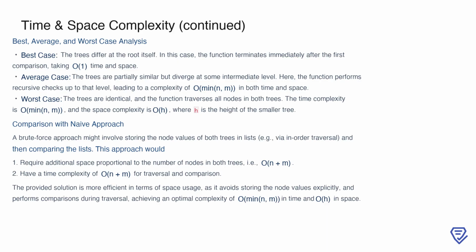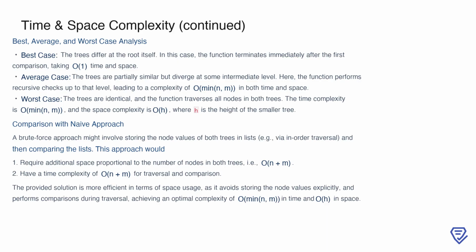To better understand how the function performs under different scenarios, let's consider the best, average, and worst cases. In the best case, the trees differ immediately at the root. The function detects this in constant time, resulting in O(1) time and space. For the average case, the trees are similar initially but diverge at some intermediate level.